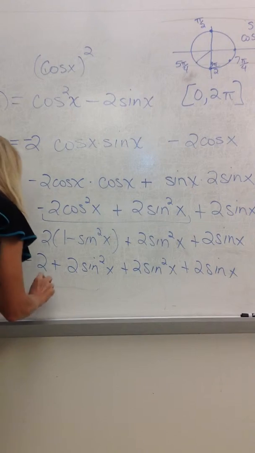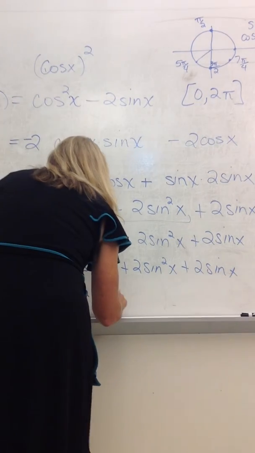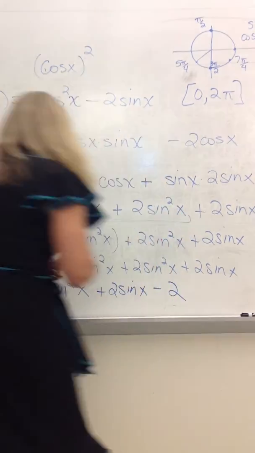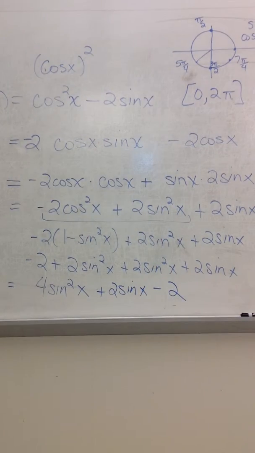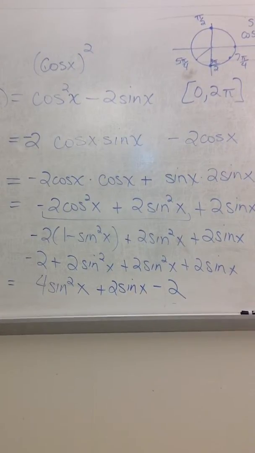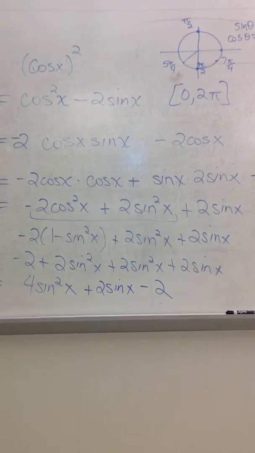So I get 4 sine squared x plus 2 sine of x minus 2. And that is what we want to set equal to 0.